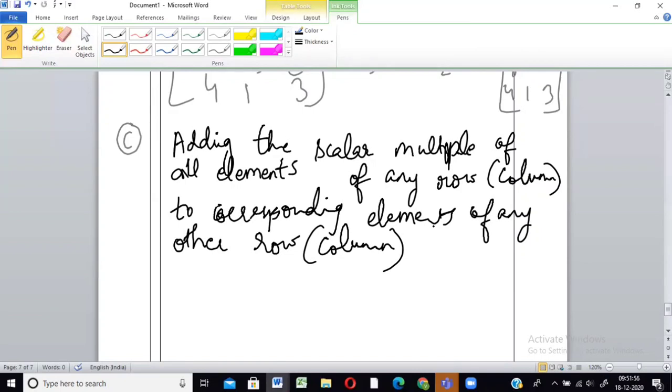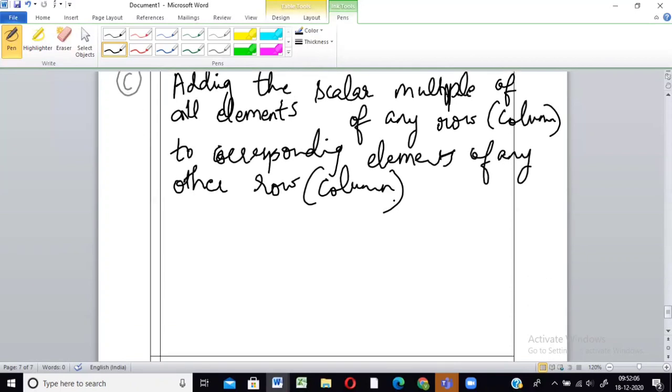So what do you mean by this? Adding scalar multiples of all the elements of any row or column to the corresponding elements of any other row. If we have some ith row and some jth row, like a second row and a third row, then any multiple that we multiplied with the third row, we can always add to any other row.